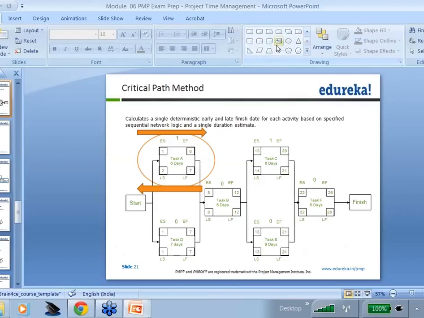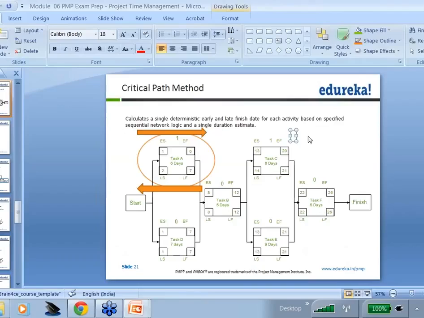The first path available to me starts from activity A, then activity B, then activity C, then activity F. So that's path 1. I am not writing any other thing. I'm saying path 1. This is start, A, B, C, F and finish. Okay.